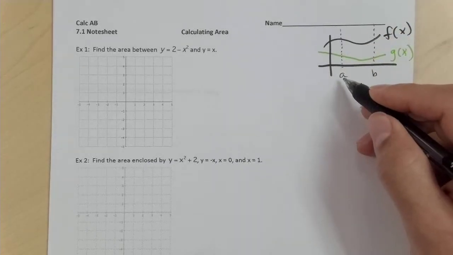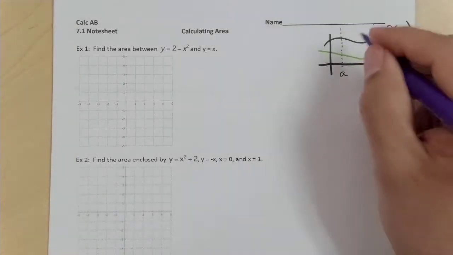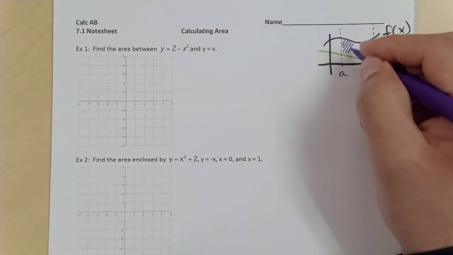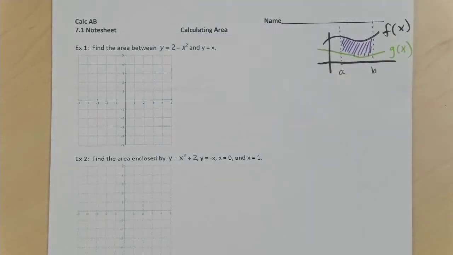Okay, so left boundary is A, right boundary is B, and let's say we're interested in finding this area. Okay, hopefully this will make some sense.